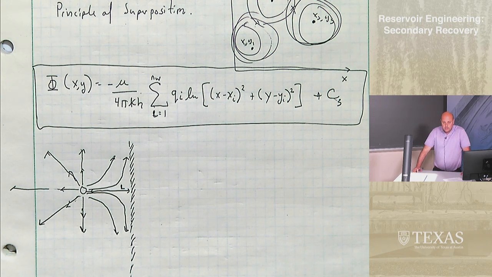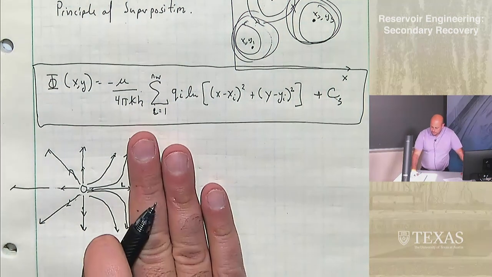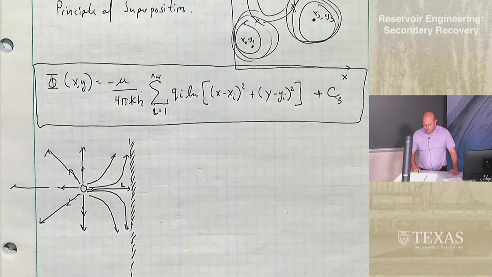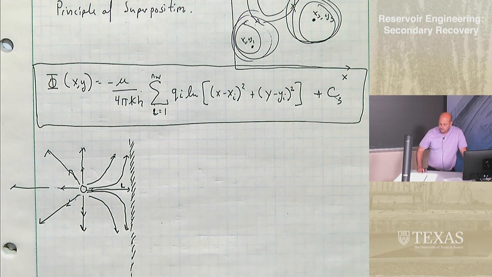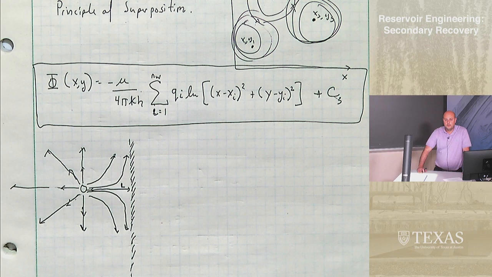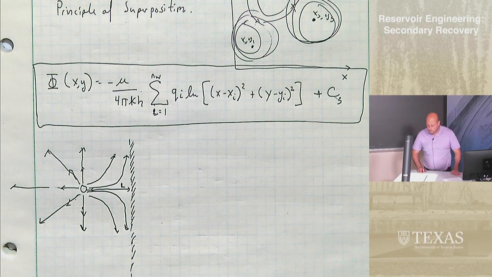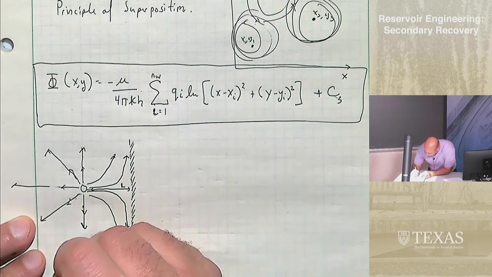Well, it can be a little tricky, okay? You've got this boundary over here that's going to make the math complicated. We're going to come up with a mathematical trick that doesn't include a fault, but instead tricks it into something that's mathematically the same. And to do that, we're going to create, I'm going to call this a real well.